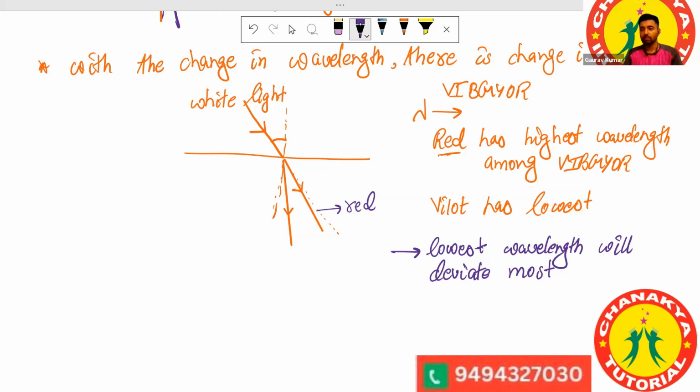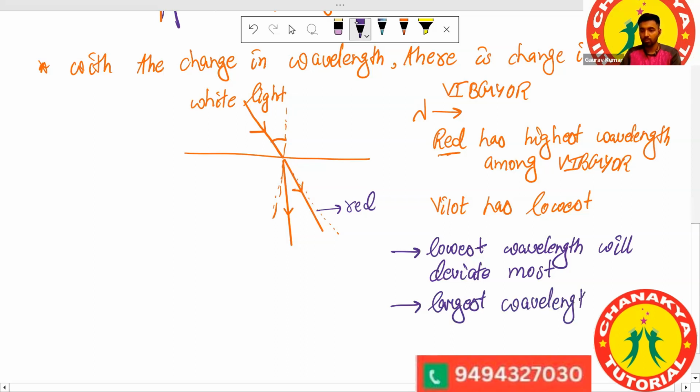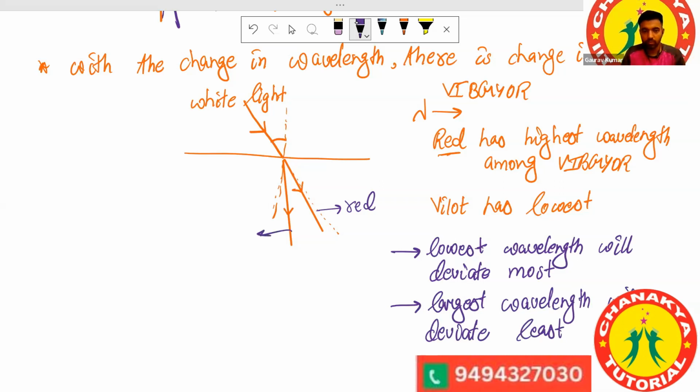At your level you need to know only this much: the lowest wavelength will deviate most and the largest wavelength will deviate least. This is how these rays are bending.